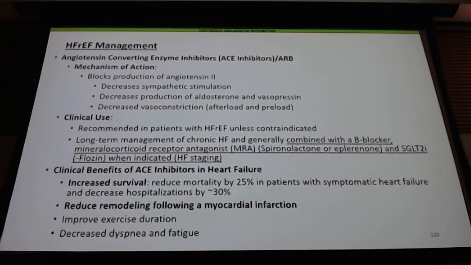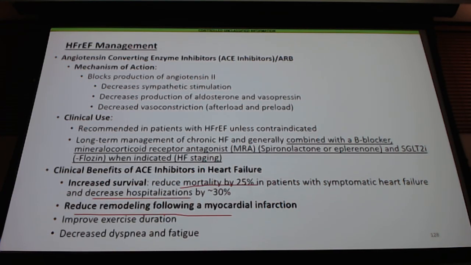Part of that is doing ACEs or ARBs. And in addition to the antihypertensive components to it, we also get reduced remodeling. So we're reducing that adverse cardiac remodeling. However, studies have shown that the benefit for ACE inhibitors and ARBs in patients like this with heart failure is that it reduces mortality and it decreases hospitalization.